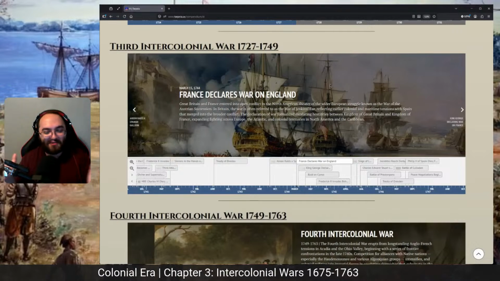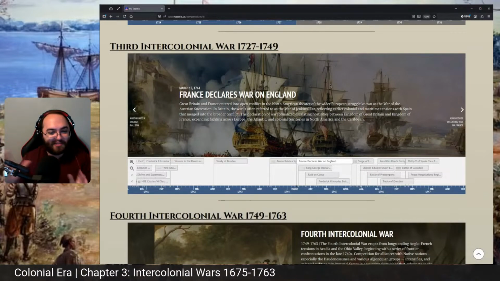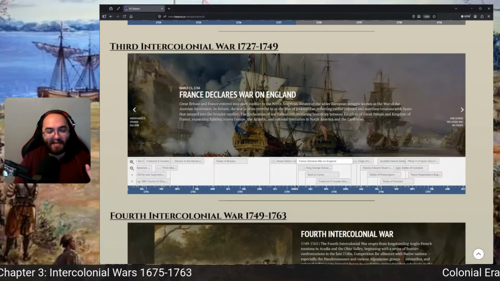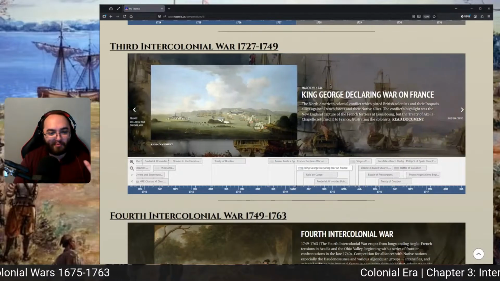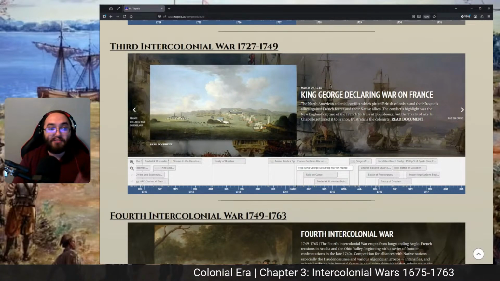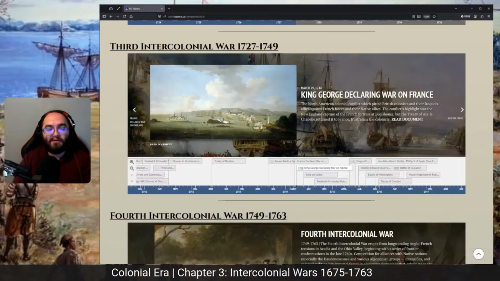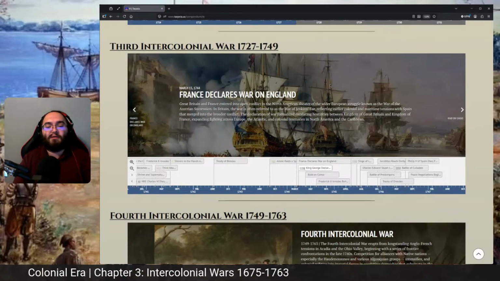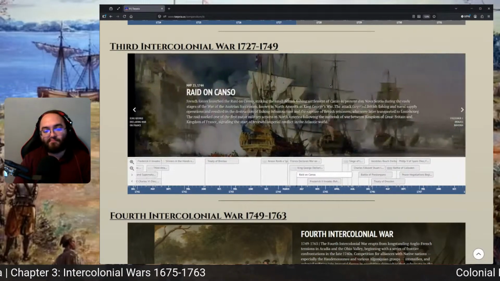They're impacting each other, and all these treaties and alliances are always shifting. It's really annoying having to put together and try to keep track of. King George II will in return declare war on the French.